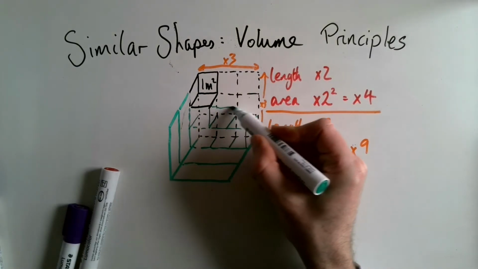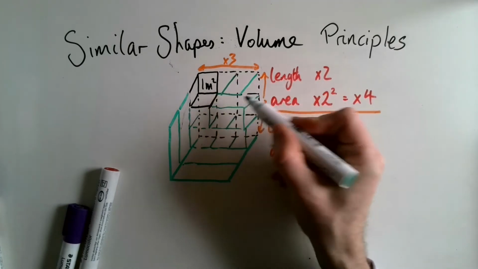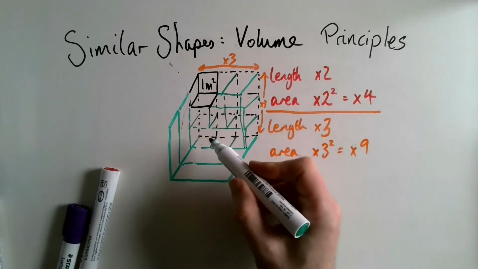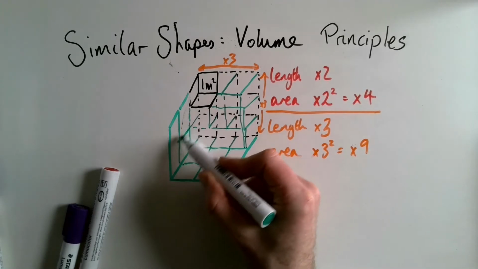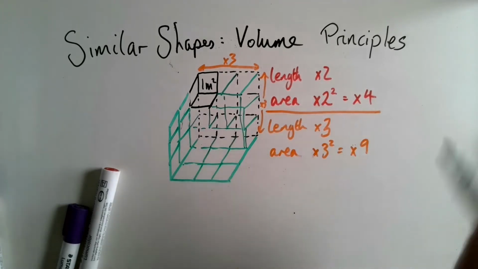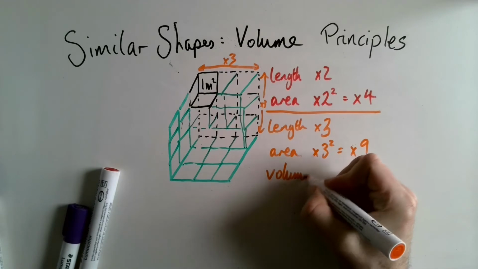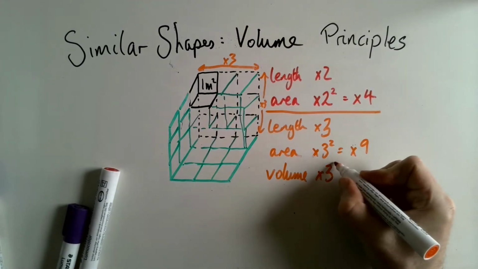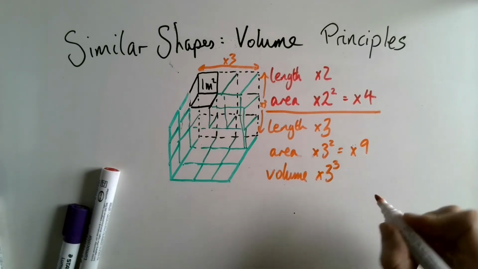You'd have 9 of them just at the top that I'm drawing in just there. That's getting complicated, isn't it? And then you're going to have 3 rows of those 9s going down below. I won't draw all of that in. So the point is, the volume is going to be the length that it's increased, which we call the scale factor cubed.